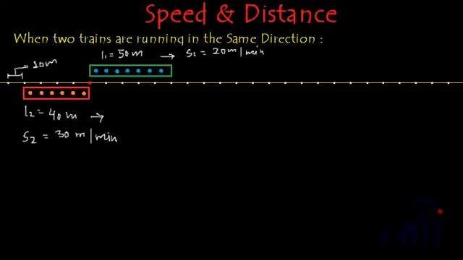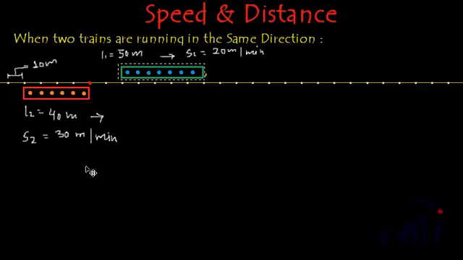What will happen after 1 minute? After 1 minute, this green train will cover 20 meters and it will reach over here, right? So let me shift this train to its new position. It will reach here in 1 minute. And this red train will travel 30 meters in 1 minute.